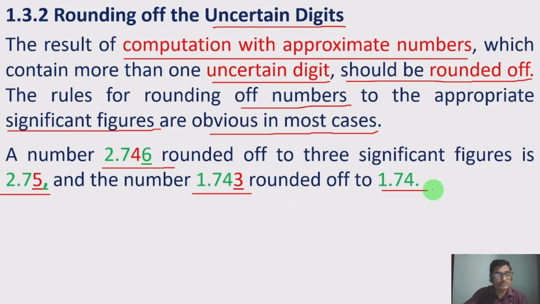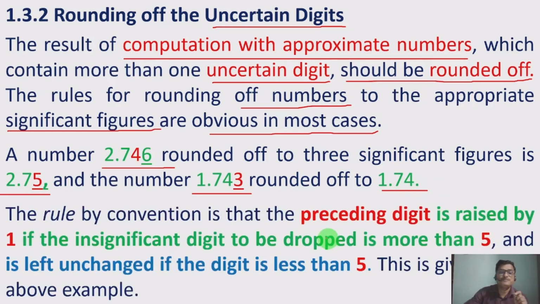Then how does that come? How is the rounding off taken? What are the rules? Here we'll discuss the rules. The rule by convention is that the preceding digit to the insignificant digit is raised by 1 if the insignificant digit to be dropped is more than 5.